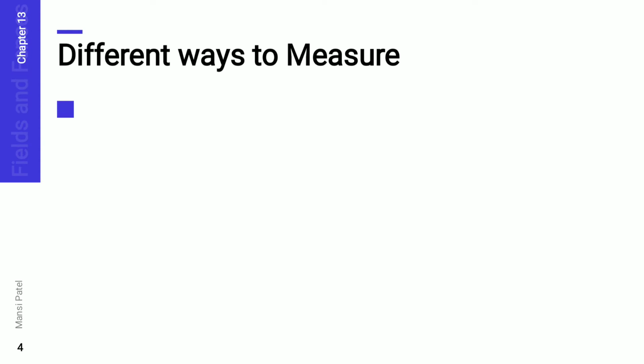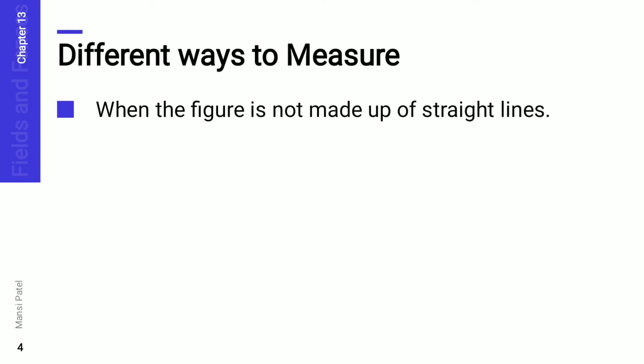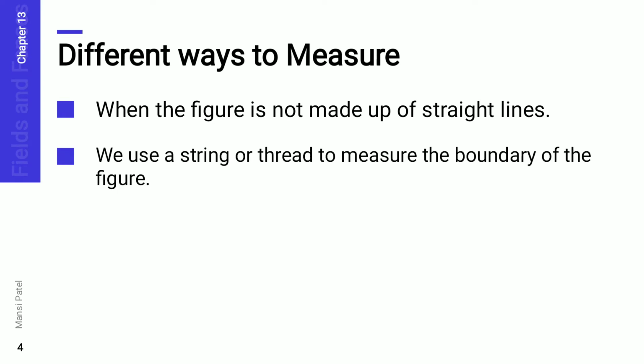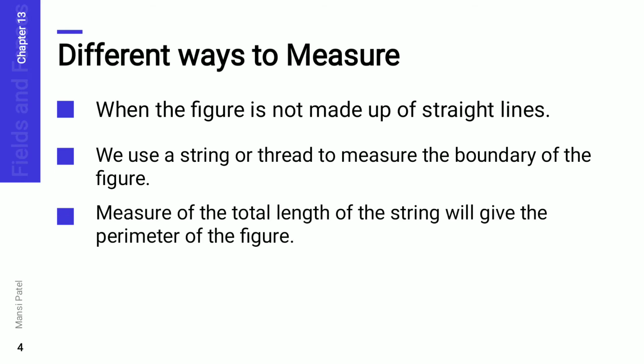If that figure is not made up of straight lines, then how can we measure the perimeter of that shape or object? At that time we use a string, or we can say a thread, to measure the boundary of that figure. Then the total length of that string will give the perimeter of that figure.